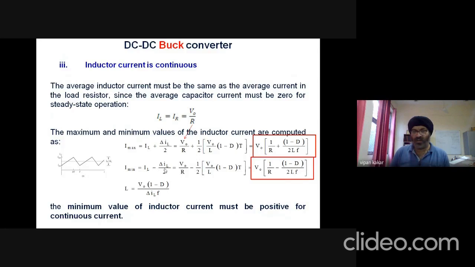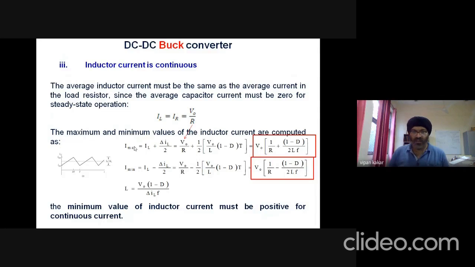So minus delta IL, again using that value of delta IL, substituting it over here, we can find out the value of I minimum. And then based on this I max and I minimum, we can find out the value of L. From here, this L can be found out.